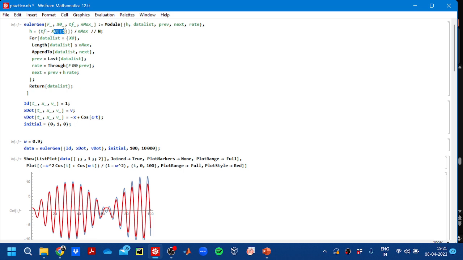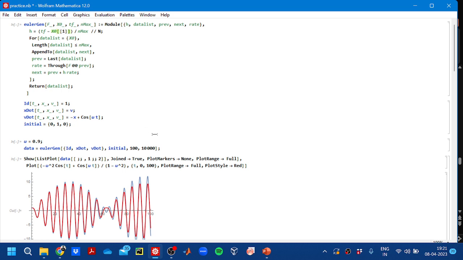This x01 represents the first row of this initial condition, which is the initial time. That is why it is written in that way. Since x0 is a three-by-one matrix, it will take the first value corresponding to the first row, which is our time row.